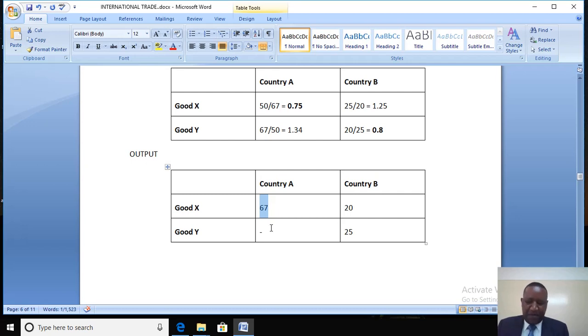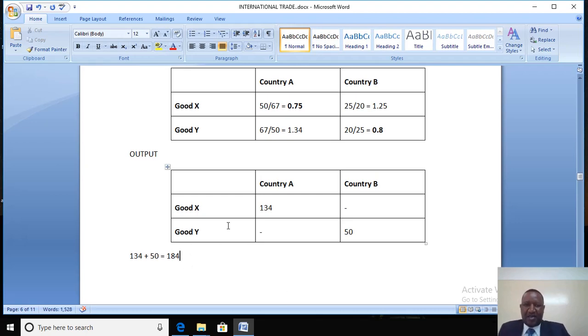So how much will that be? They produce 134. 134 is 67 times 2. Country B must focus on the production of good Y, so country B must abandon the production of good X so that they can double good Y's output, and they'll be able to produce 50. So the world's output will be 134 plus 50, and the total output should be 184.